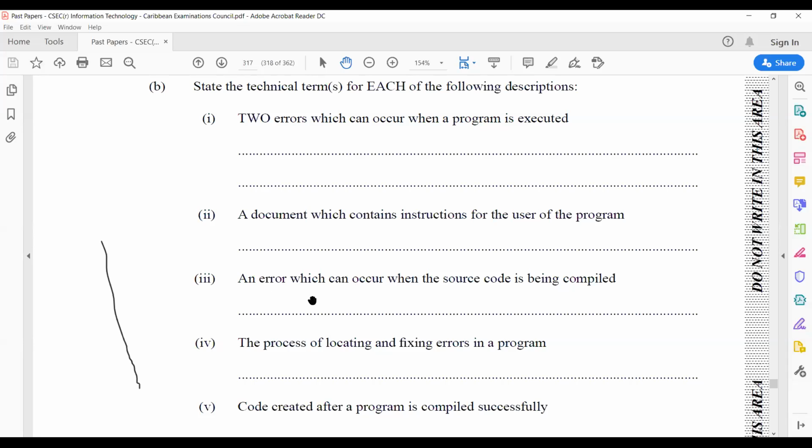The third one: an error which can occur when the source code is being compiled. Anyone?